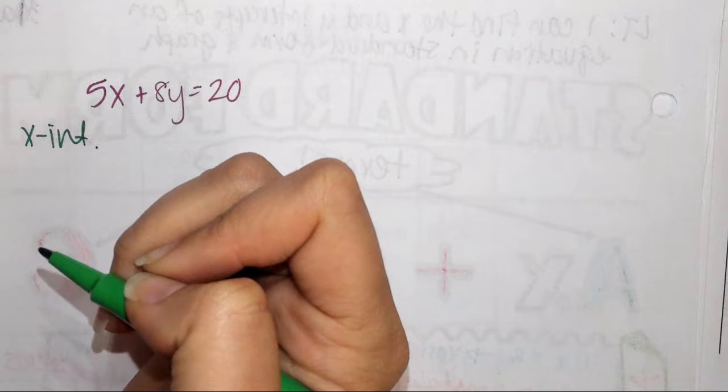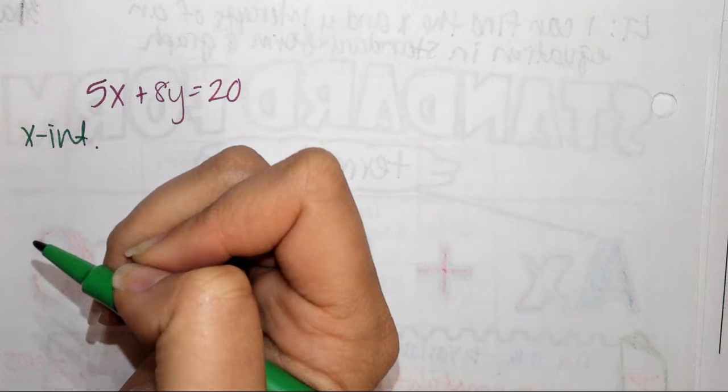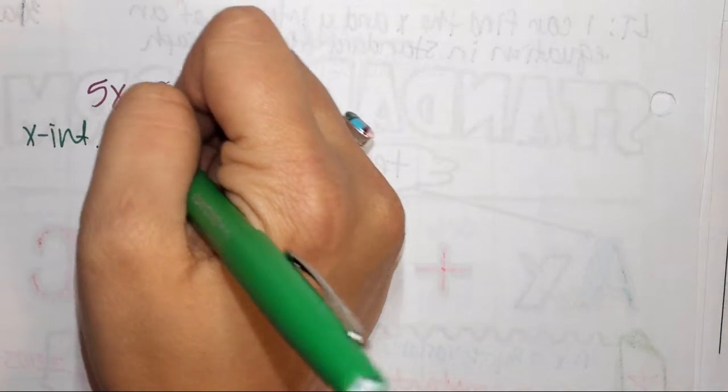What do we know every single time about our x-intercepts? Y equals 0. Good.